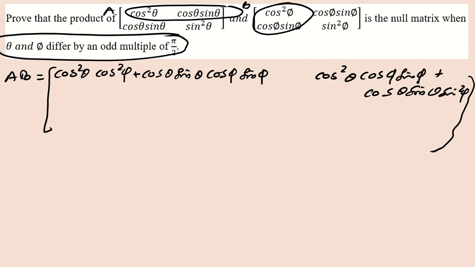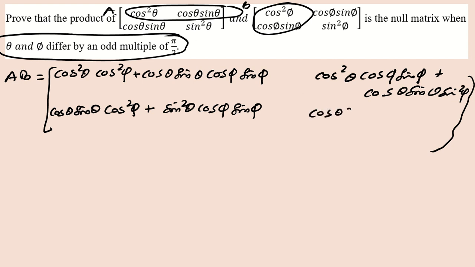Okay, now second row first column, so it will be cos theta, sin theta, cos square phi, plus sin square theta, and then cos phi, sin phi. And the last is second row second column, cos theta, sin theta, then times cos phi, sin phi, and then plus sin square theta, sin square phi.